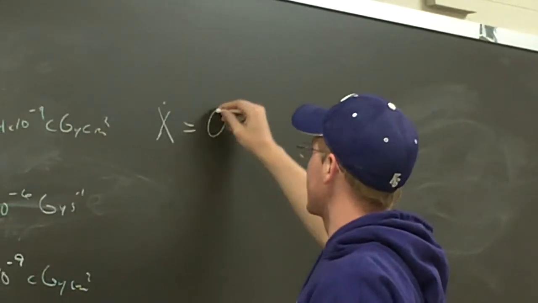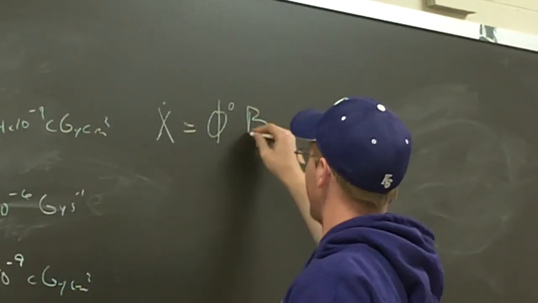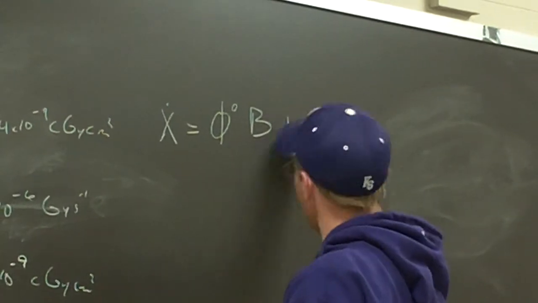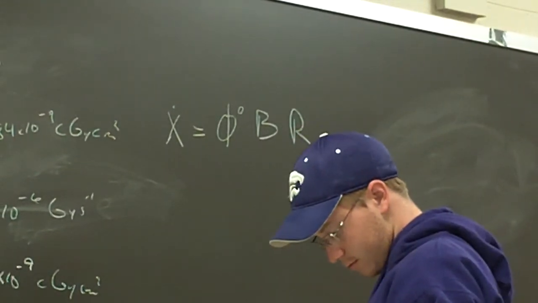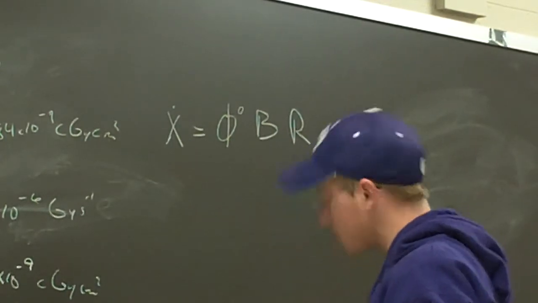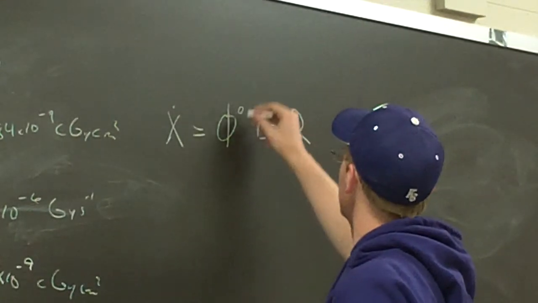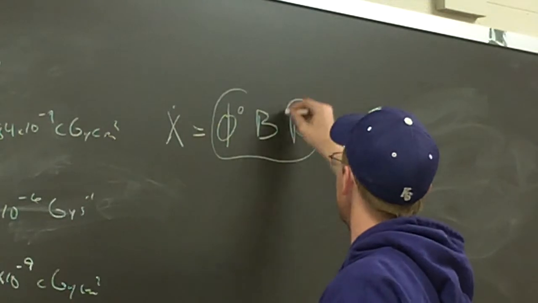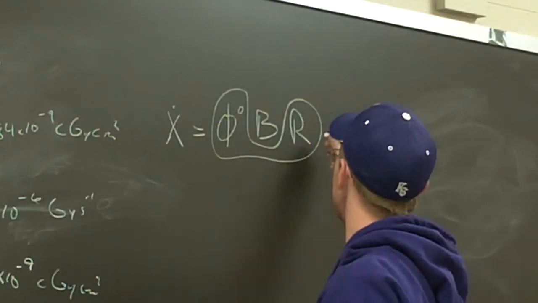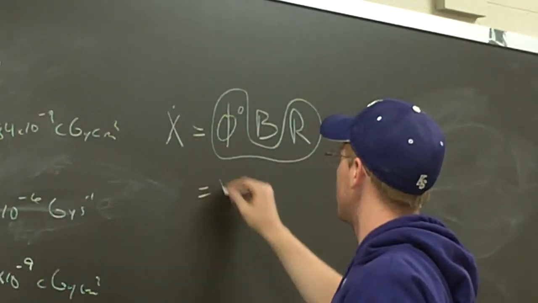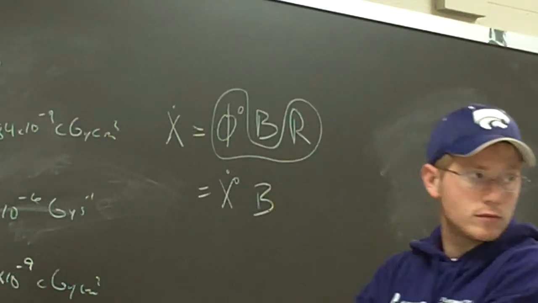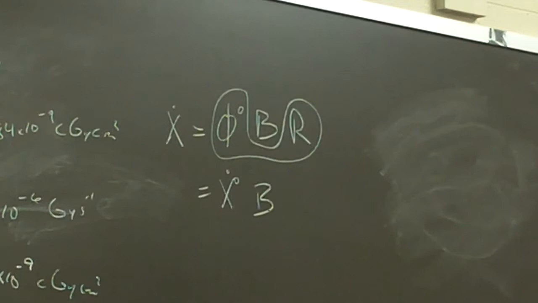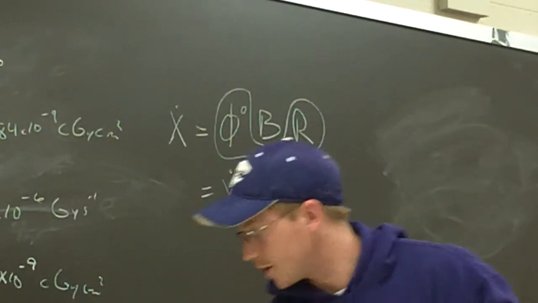So exposure is going to equal the flux times the buildup factor times the response, which is just going to be this value times B. The uncollided value is going to be this value.